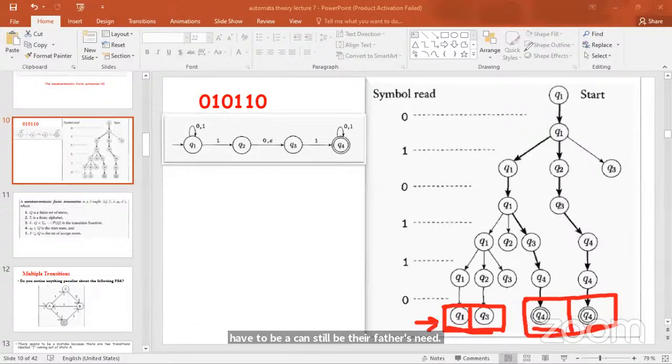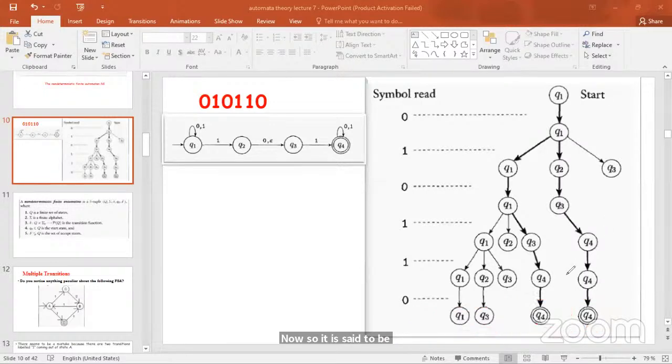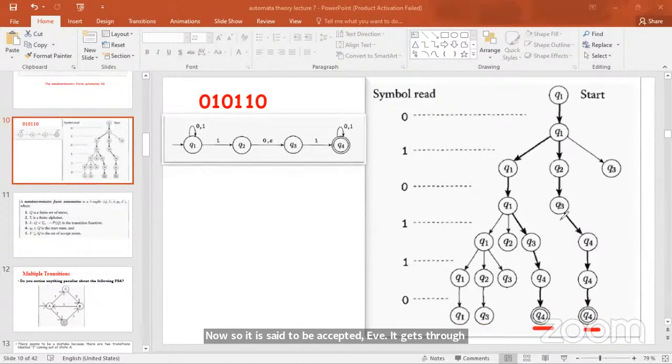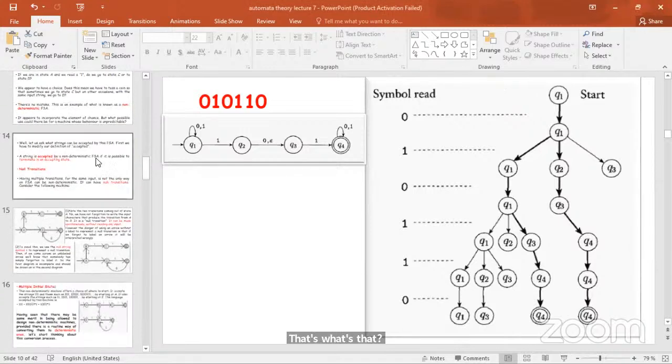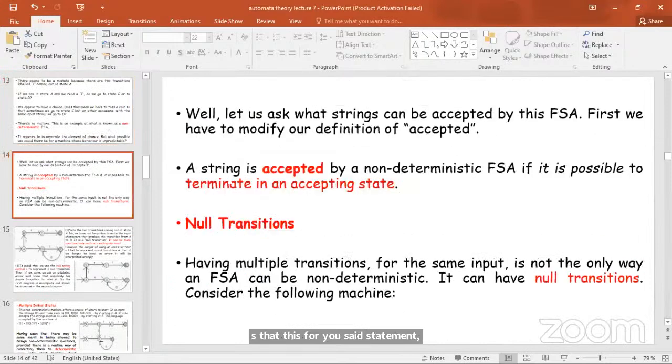So it is said to be accepted if, from all the branching, at least one reaches the final state. That is what that statement is saying, that a string is accepted by a non-deterministic FSA if it is possible to terminate at an accepting state.